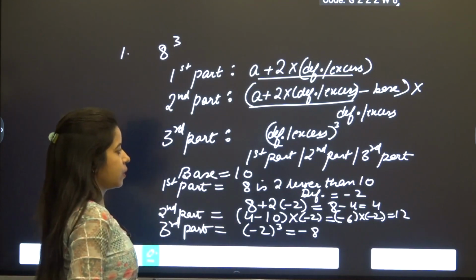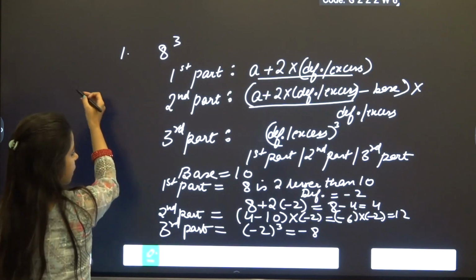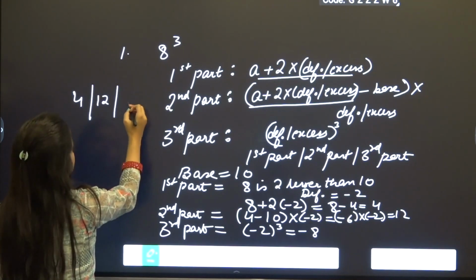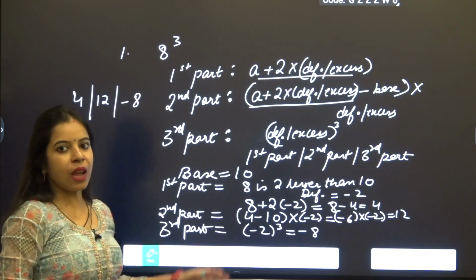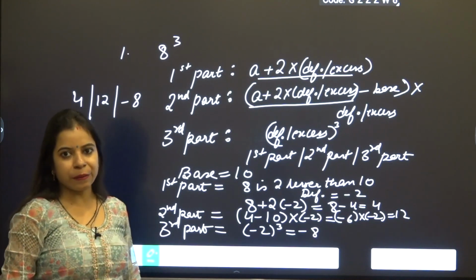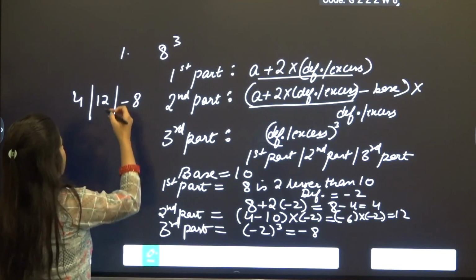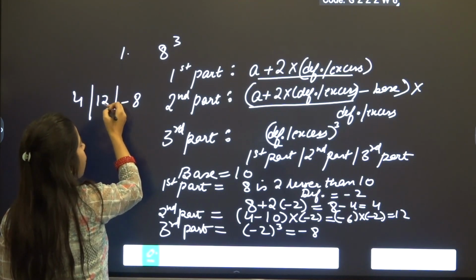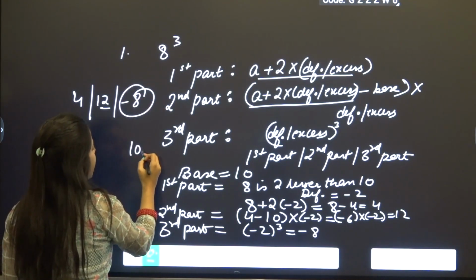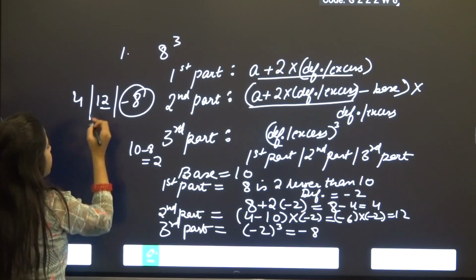So, now I am going to write the first part, second part and the third part, which is 4, 12 and minus 8. Now in the third part it's minus 8. So we are going to make minus 8 positive by borrowing 1 from here. So this will become 10 minus 8, which is 2, and this will become 11.